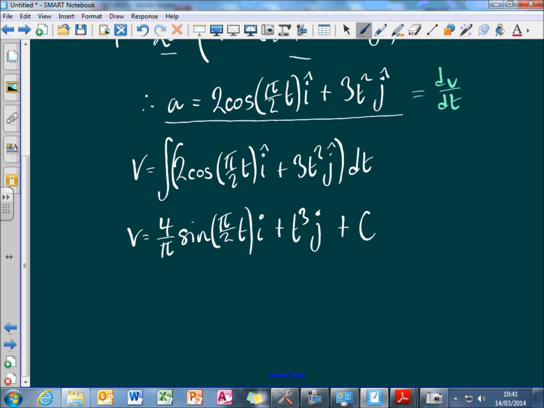In fact, it says when t equals 4, we should get minus 3i plus 56j. So what I'm going to do is change all the t's to 4s and put it equal to minus 3i plus 56j. So I get 4 over pi sine(4 pi over 2). Well, that's just 2 pi. Do you agree?